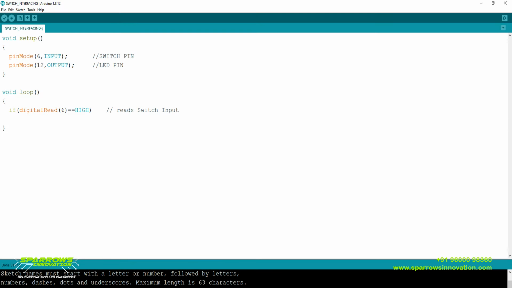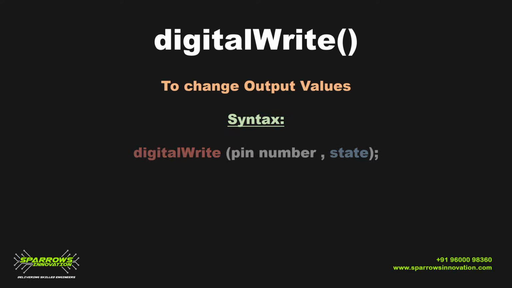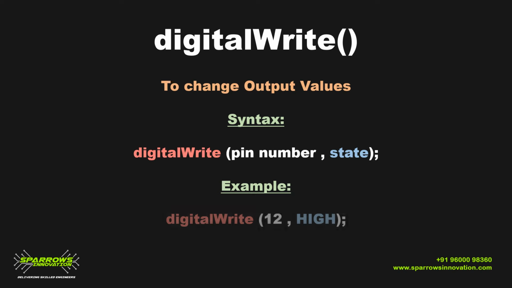Here we are using an if statement to check the condition of the input pin as high or low. So if digitalRead 6 equal to HIGH, then we need to make my LED on. To make my LED on, I have to use the digitalWrite function, digitalWrite my pin number comma HIGH.